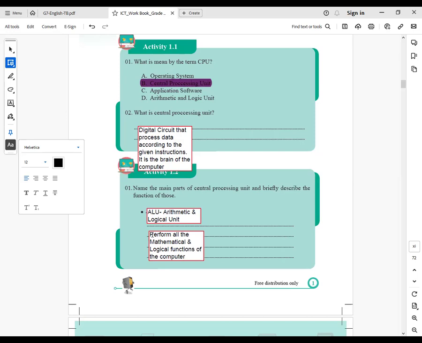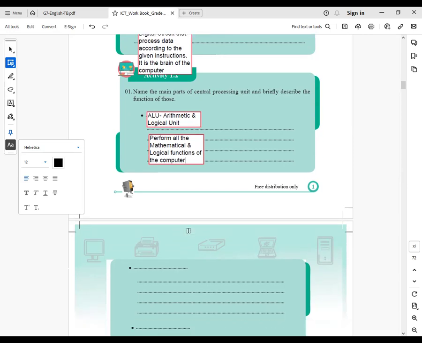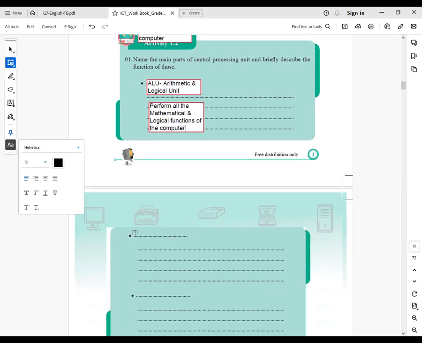Therefore, there are two sub functions, that is a mathematical function and a logical function. That is the arithmetic and logic unit. Okay, if you want more time, tell me.